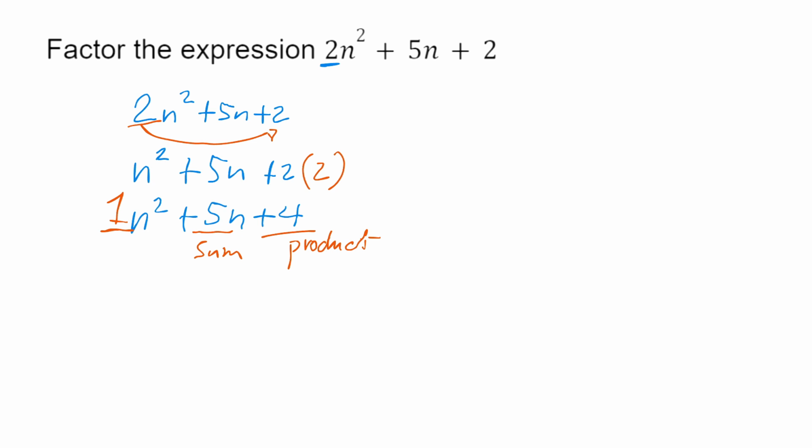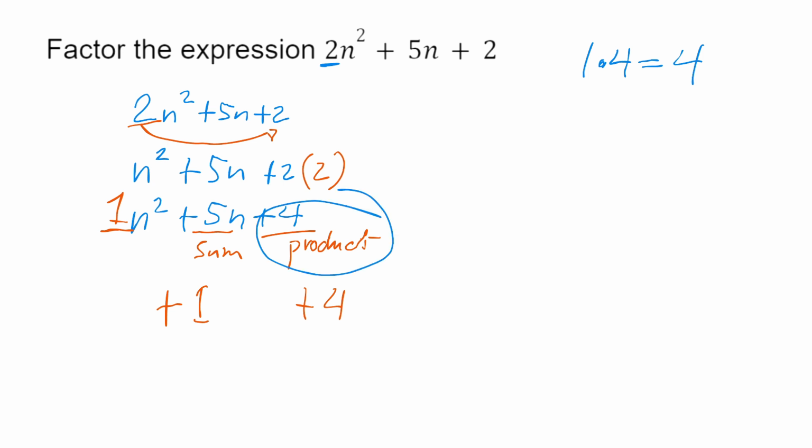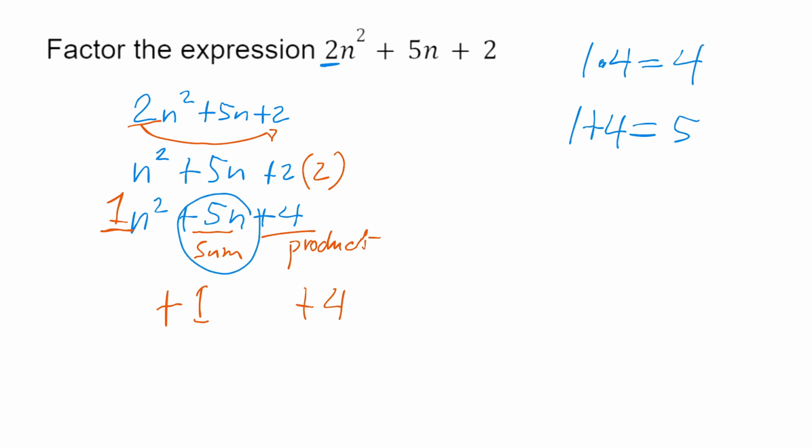You may pause the video first, but the answers are what? We have positive 1 and positive 4. How come? Because again, 1 times 4 is definitely 4. That's our product, right? And then 1 plus 4 is equal to 5, positive 5. That's our sum. Okay? So it's 1 and 4.